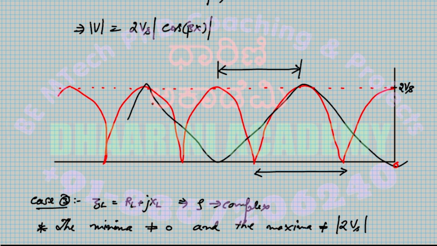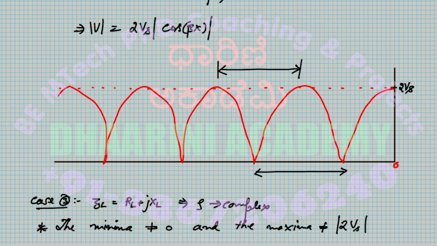The original graph is what I have drawn just now, the black color. So that should be lambda, right? So lambda is from here to here, isn't it? If that is the lambda, what is this now that I have marked here? It's half of the lambda. So this has to be the lambda by 2.